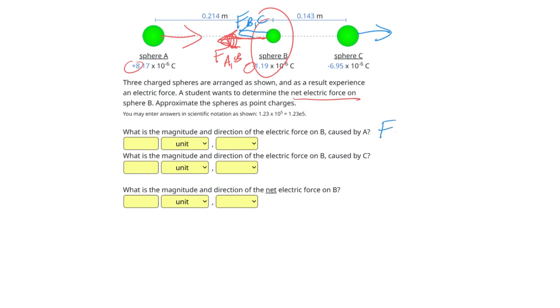So I have to find that F equals K Q1 Q2 over R squared: 9 e to the 9 times 8.17 times 1.19 e to negative 6, but don't put the negative in front of it, right?